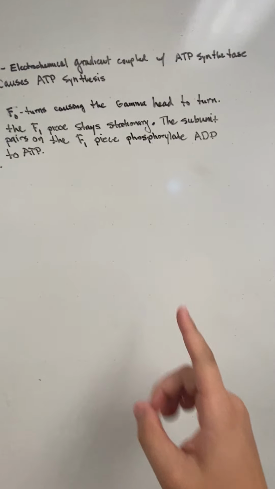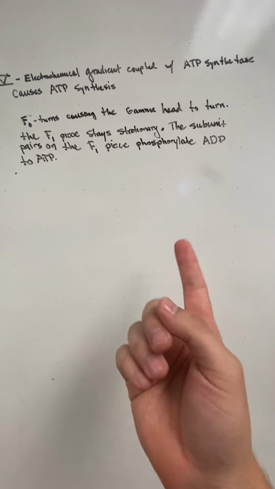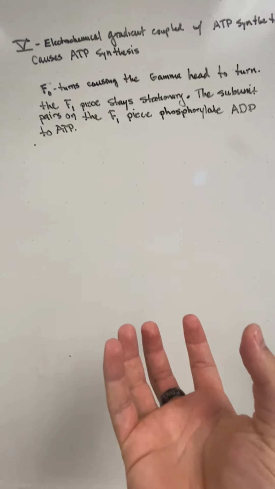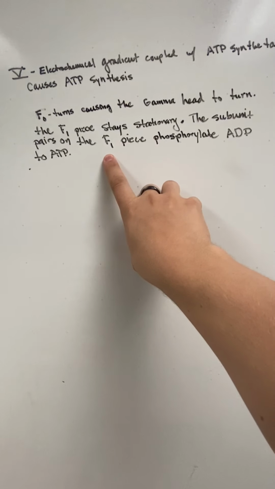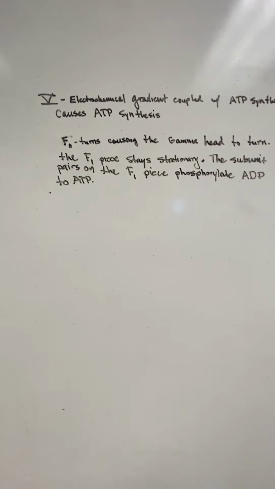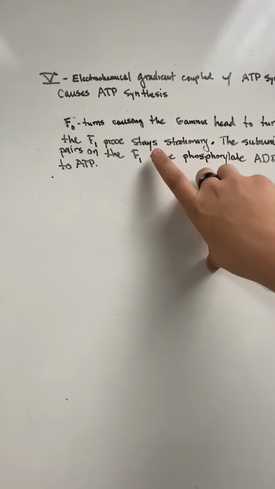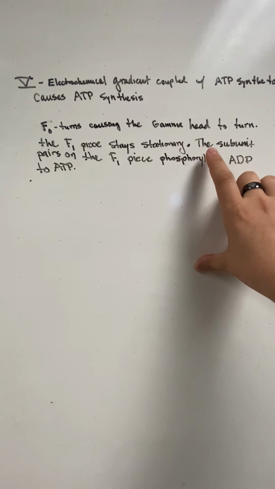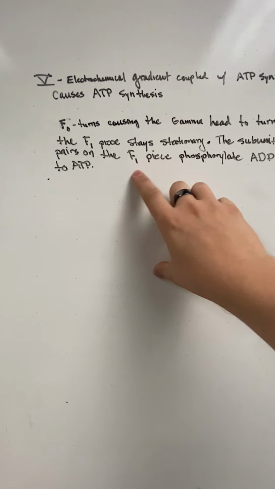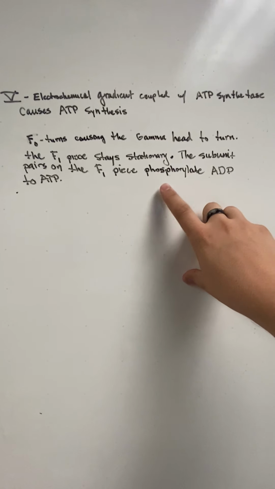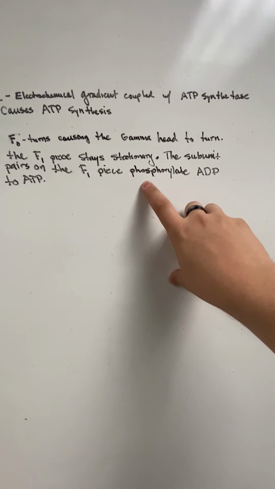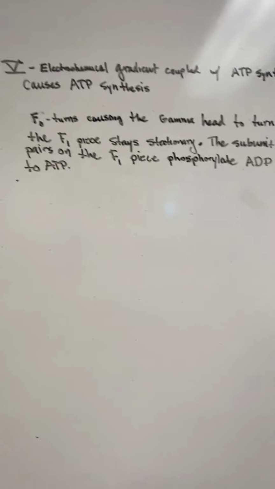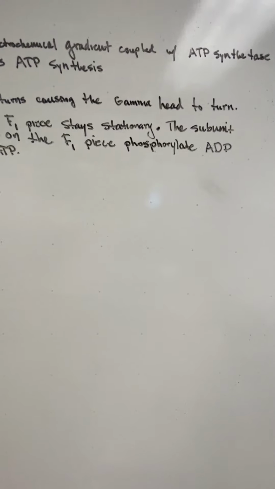What it does is it starts to turn, and so it causes that gamma piece to turn. And the gamma piece is located inside of this F1 piece. The F1 piece stays stationary, so it doesn't move. But because the gamma piece is moving inside it, the subunit pairs off with the F1 piece, and it allows it to phosphorylate ADP to ATP. And that's where you get all your energy from.